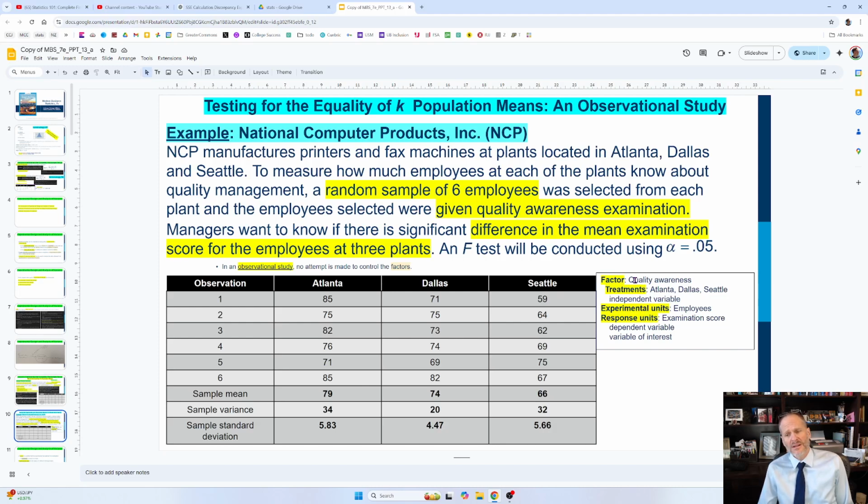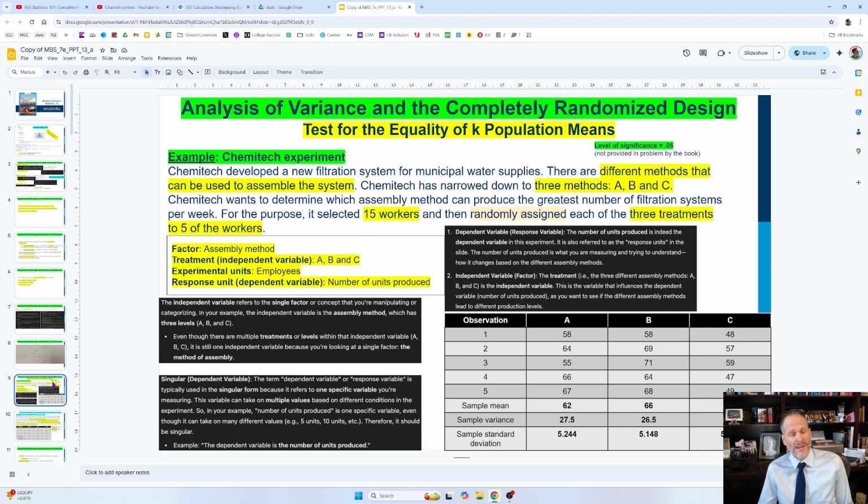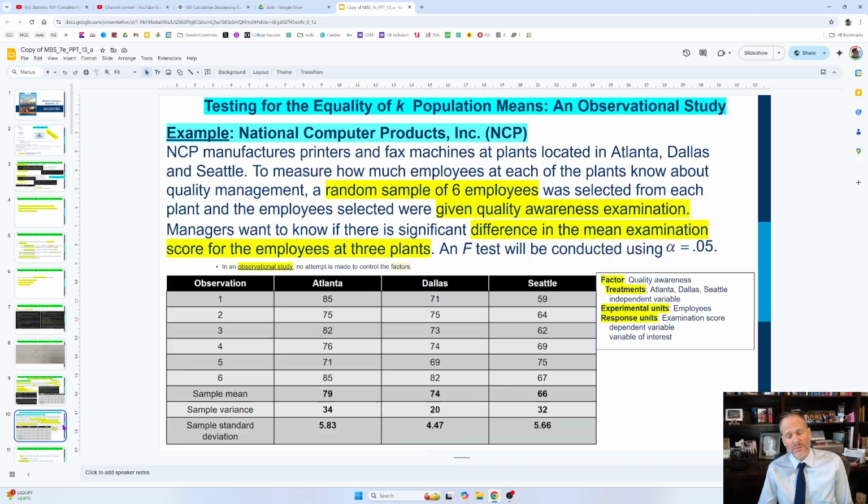So the factor is just quality awareness, and the treatments are just, we're going to look at it at Atlanta, Dallas, and Seattle, and that's an independent variable, right? And there's nothing that's being done to try to control the factor or the treatments. It's not like in this example where they're like, we have assembly method A, B, and C, and they consciously put together different assembly methods, and they're controlling those factors, those treatments.